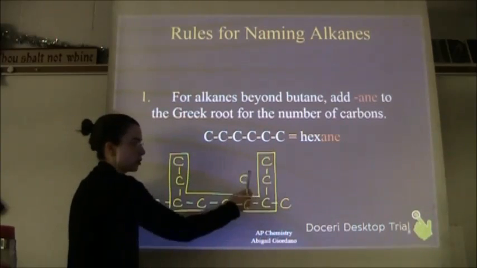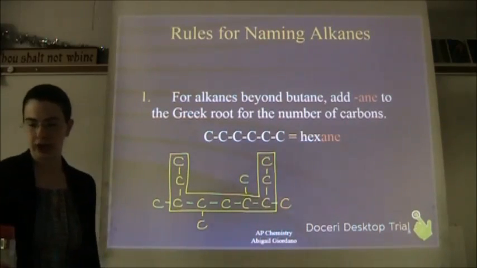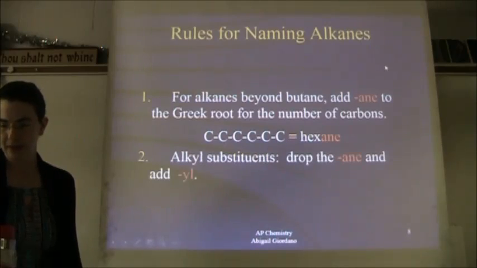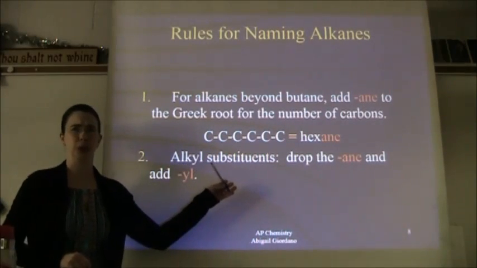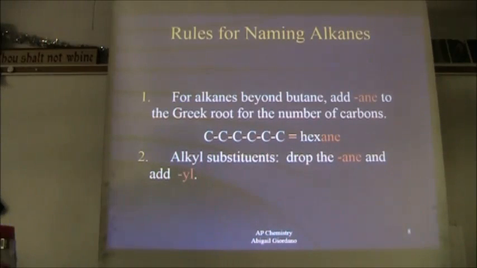Now, what are these extra things that are attached to the main chain? Well, they have a fancy name. Attachments to the main chain are called alkyl substituents. They're just things attached onto your main chain.